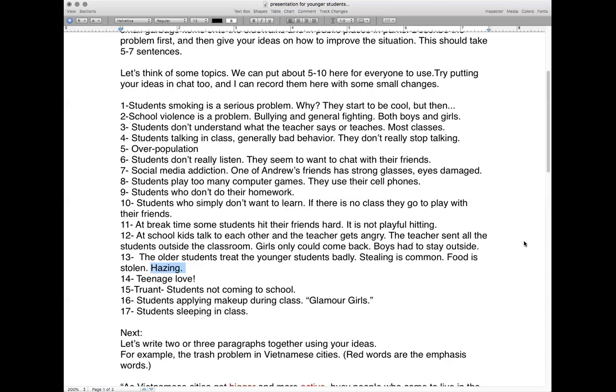Do you think 1 to 17 are any problems here? Can you say again? Well, we have 17 problems that the students in Wednesday night's class gave to me. And Kevin, they are secondary students like you. So the secondary students said there was some fighting or girls putting on makeup or smoking. Do you see any problems like that?